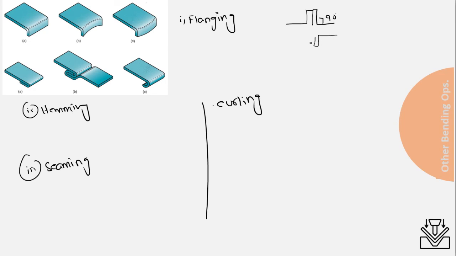So this is called a flange. So we have the bolts from both ends, so that is called a flange contact.